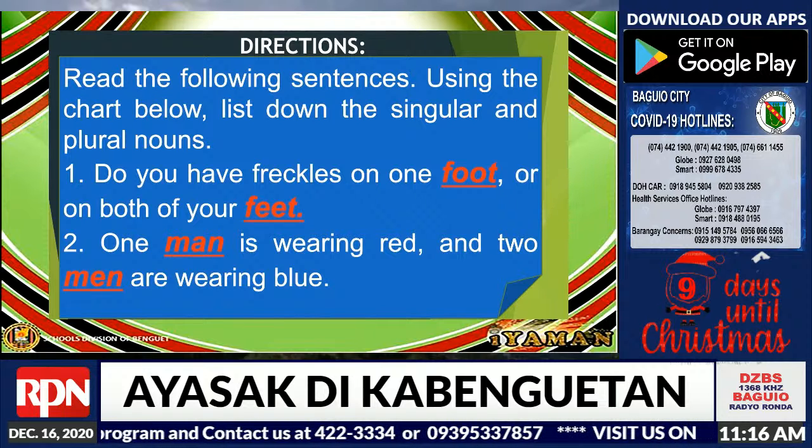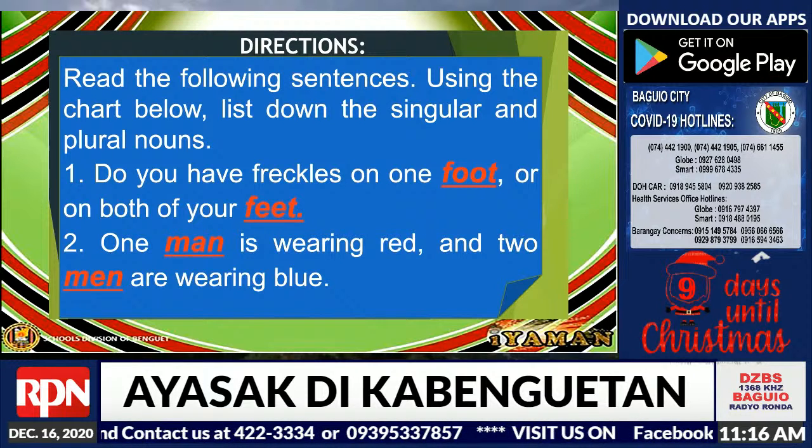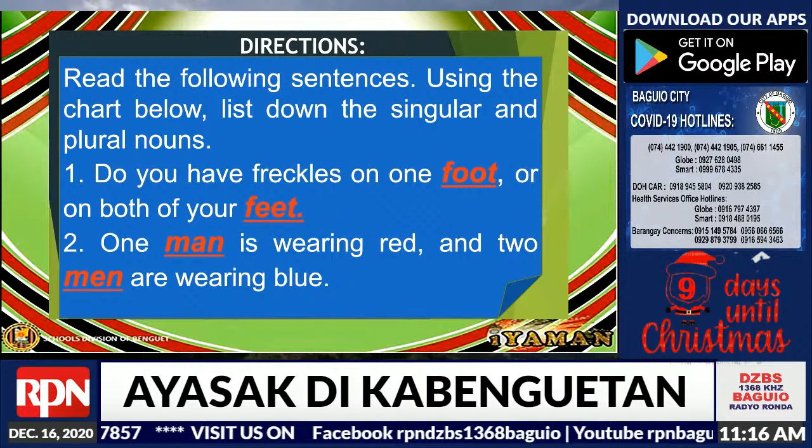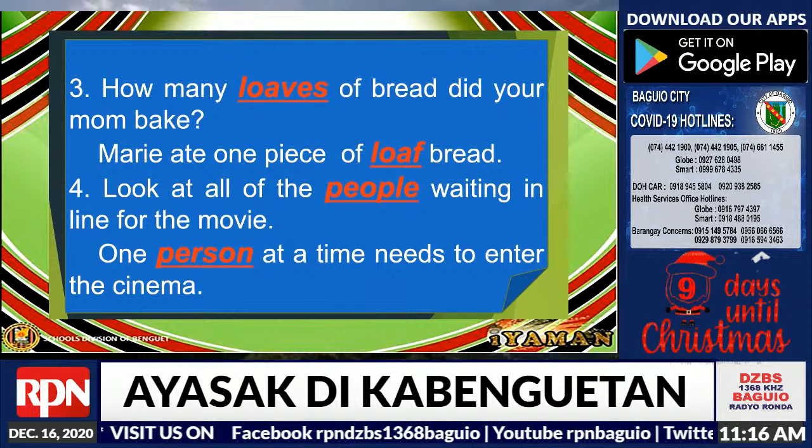Number 2: One man is wearing red and 2 men are wearing blue. The underlined words there are man and men. Number 3: How many loaves of bread did your mom bake? Marie ate 1 piece of loaf bread. What are the underlined words there?